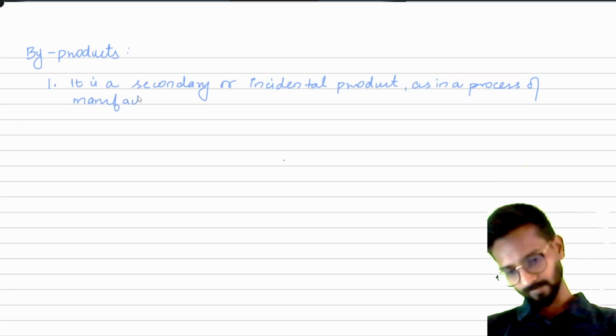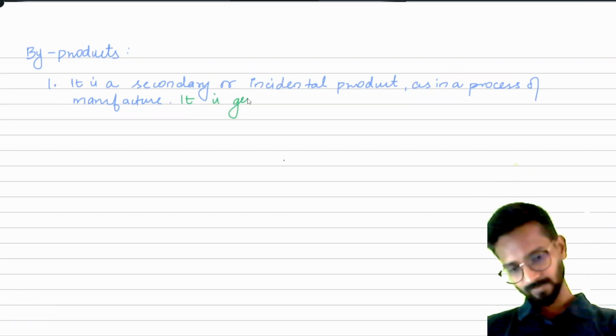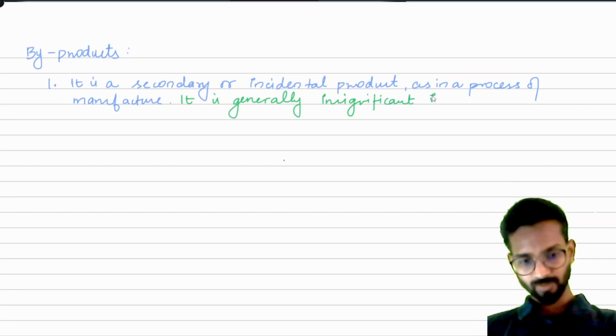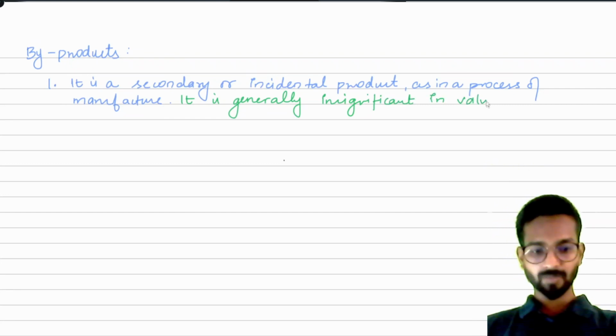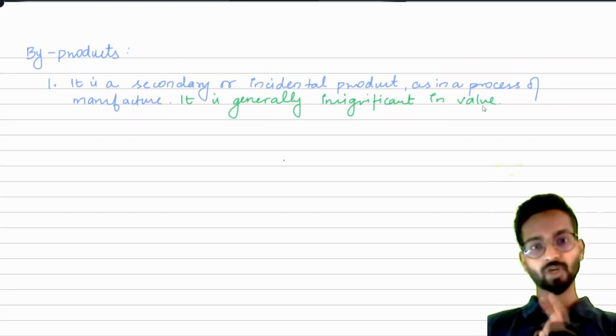Remember this, they are, or you can say it is, generally insignificant in value. Remember that when we learnt about joint products, they were significant in value, that's why they are called joint products. When they are insignificant, it will become a byproduct.